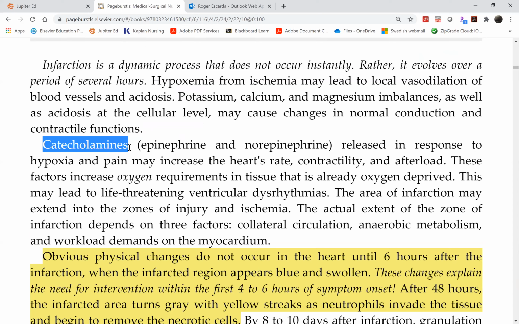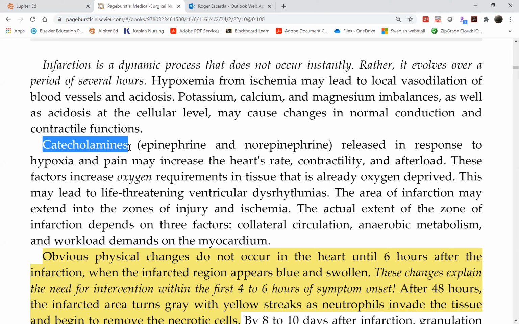Remember that when cardiac output drops, it will automatically trigger the release of epinephrine and norepinephrine, increasing vasoconstriction, which is going to increase your preload and afterload. And it will also affect the RAS, renin-angiotensin system, which releases aldosterone, increasing blood volume, and then epinephrine also increases the heart rate.